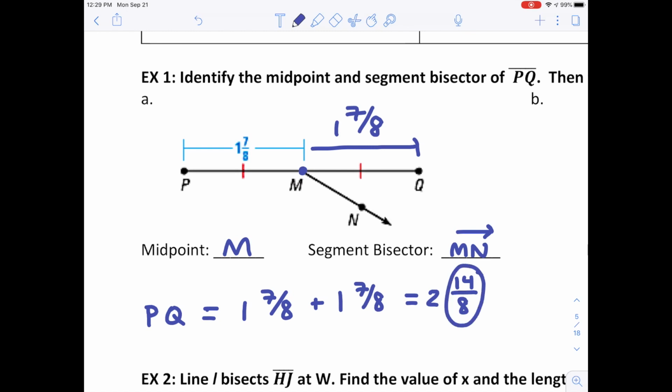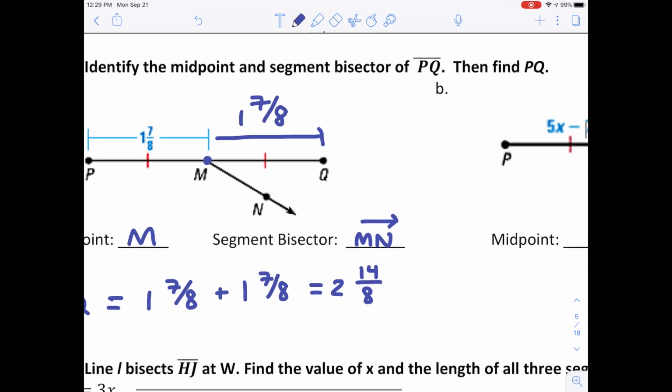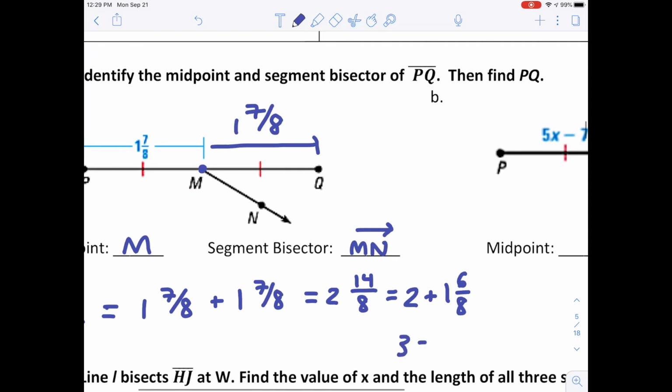But since we're doing mixed numbers, 14/8 needs to be simplified. So it's like we have 2 and 1 and 6/8. So 2 plus 1 gives me 3, and then 6/8 gives me 3/4.